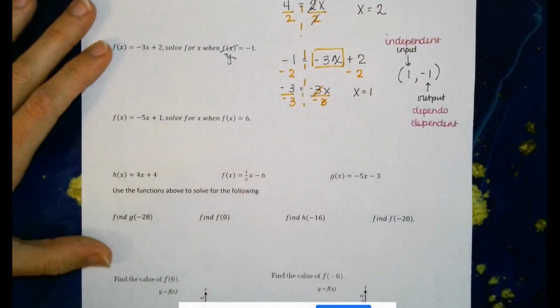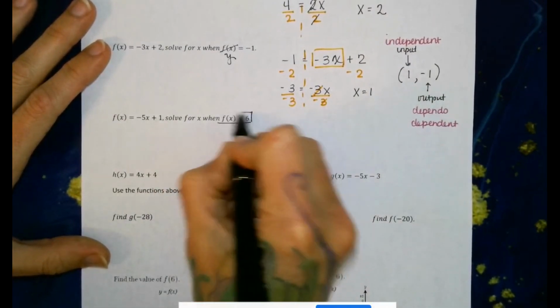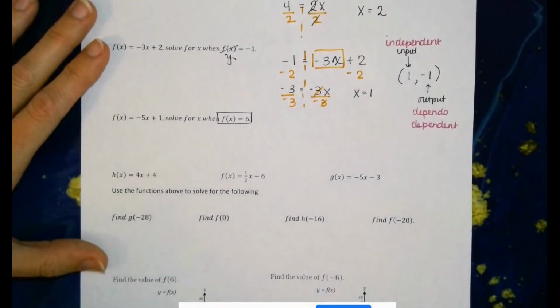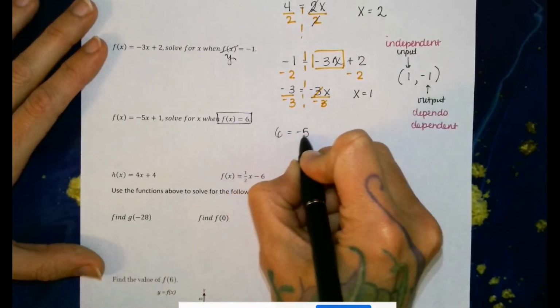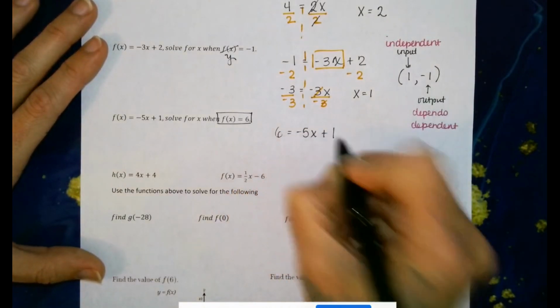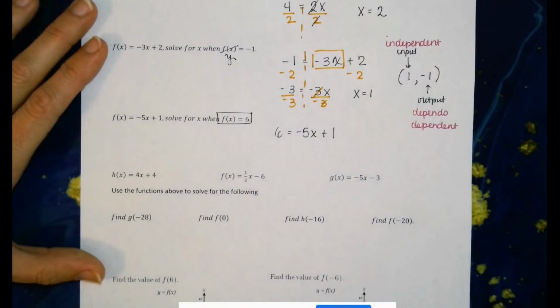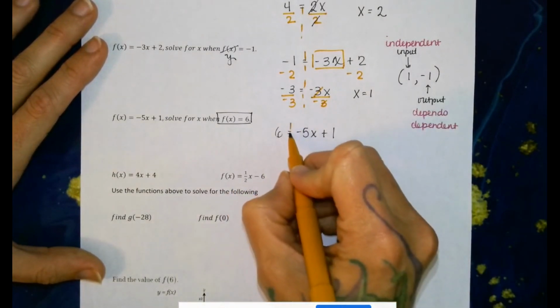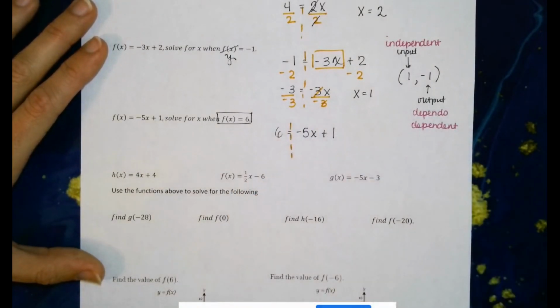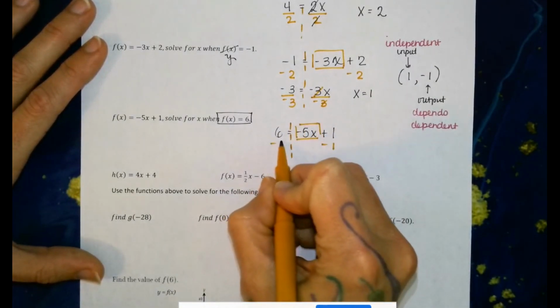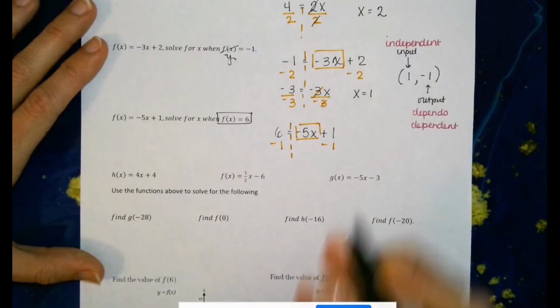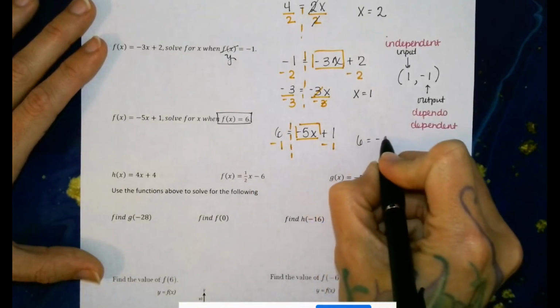So we got f of x equals 6. Is that 6 going inside the equation or outside the equation? So we're going to do 6 equals a negative 5x plus 1. And we're going to solve for x. Minus 1, minus 1. 6 equals a negative 5x.